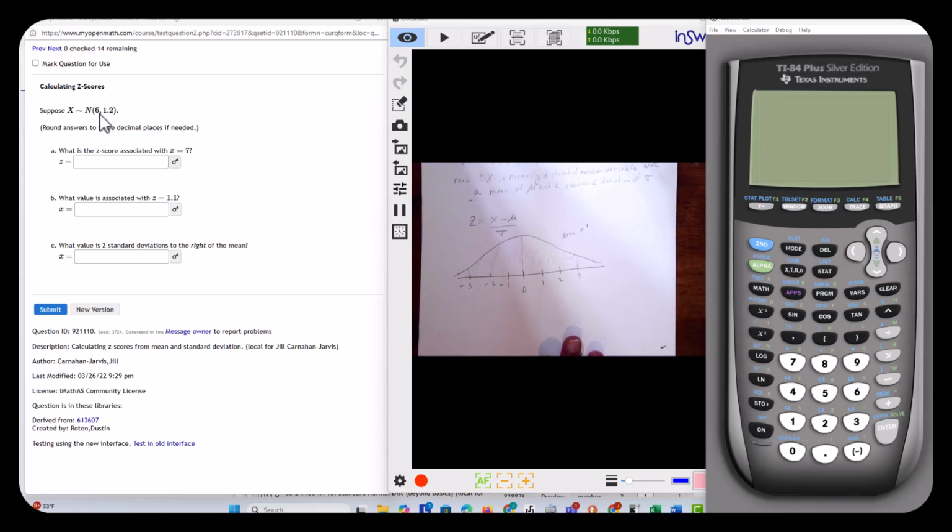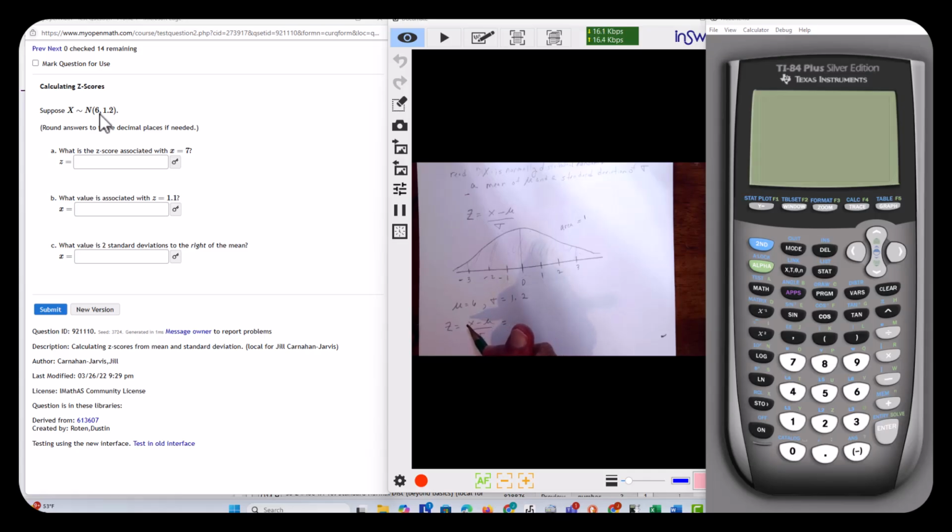So let's look at this example. We're given a normal distribution. I'm given that mu is equal to 6 and that sigma is equal to 1.2. What is the z-score associated with x equals 7? So z is equal to x minus mu over sigma.